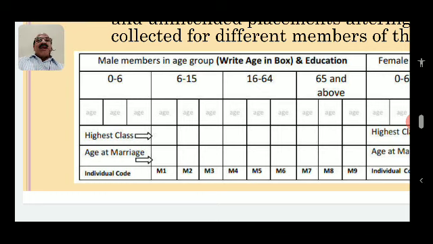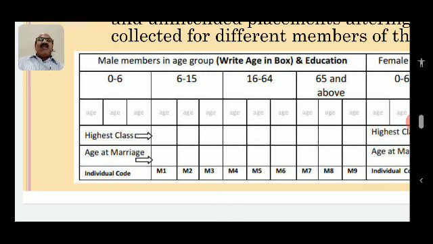So for highest class, instead of writing class 5, class 10 or BA, MA, what we can do is write a number. Say class 5, then 5. Say passed 10 plus 2 plus 3, then we write 15. Suppose completed master's degree, then we write 17.